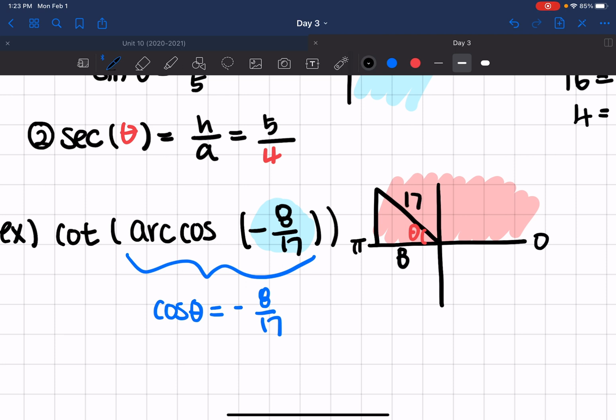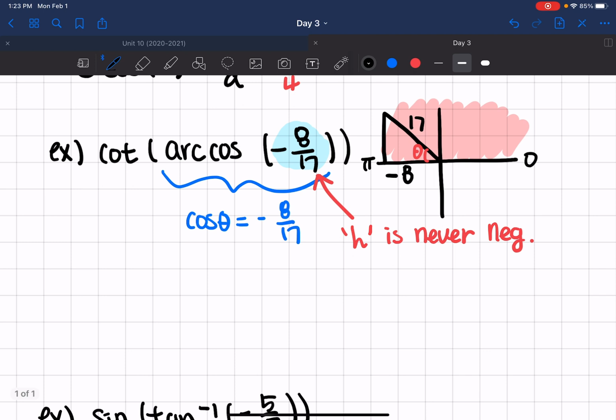But this is negative, so which value has to be negative, the adjacent or the hypotenuse? The one thing you should remember is that your hypotenuse, the h value, is never negative. And also in the second quadrant, your x value is negative, so you're going to add the negative sign to the adjacent.